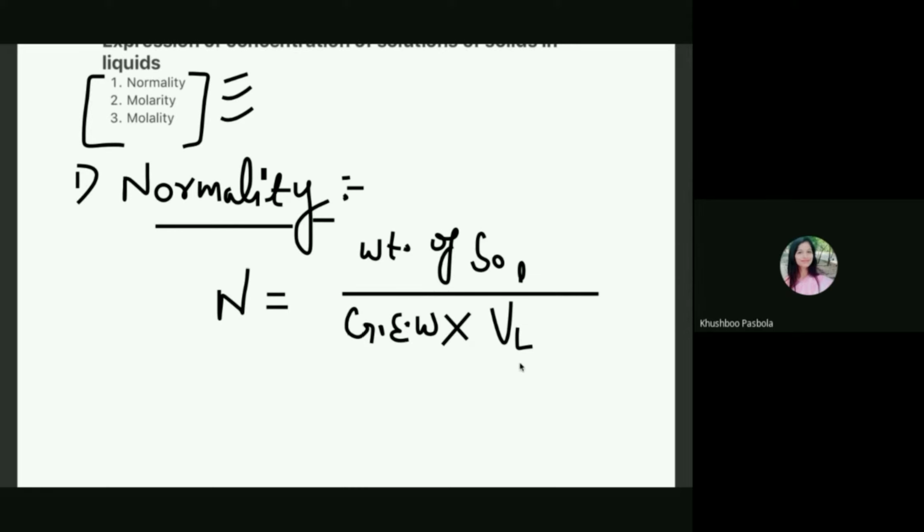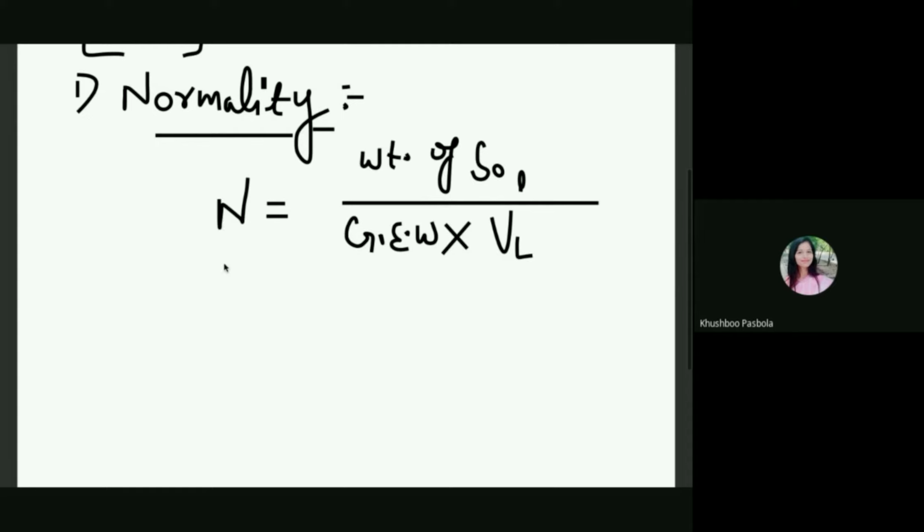So now by this formula you can calculate the normality. But if I talk about the practical way, in the experiments you are going to perform, you are going to make a solution. For that you need a particular weight of solute which you can dissolve in a solvent, and a particular concentration you can find. So by this formula you can also find out the weight of solute. How? Just cross multiply the formula.